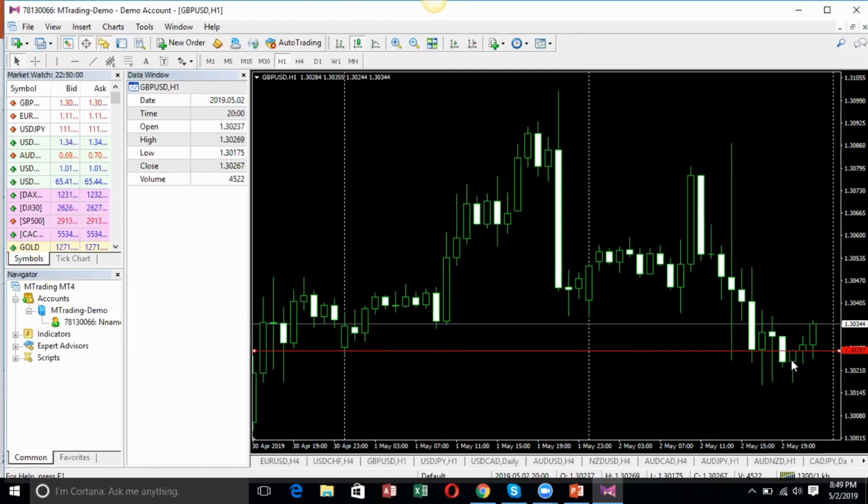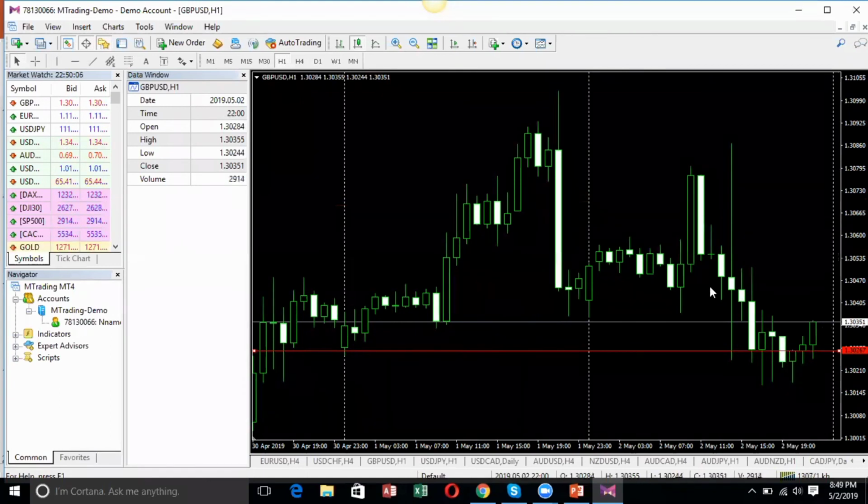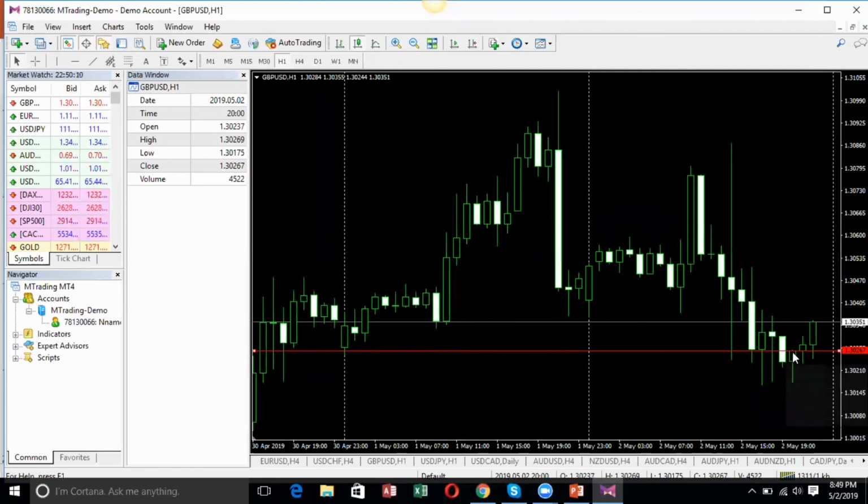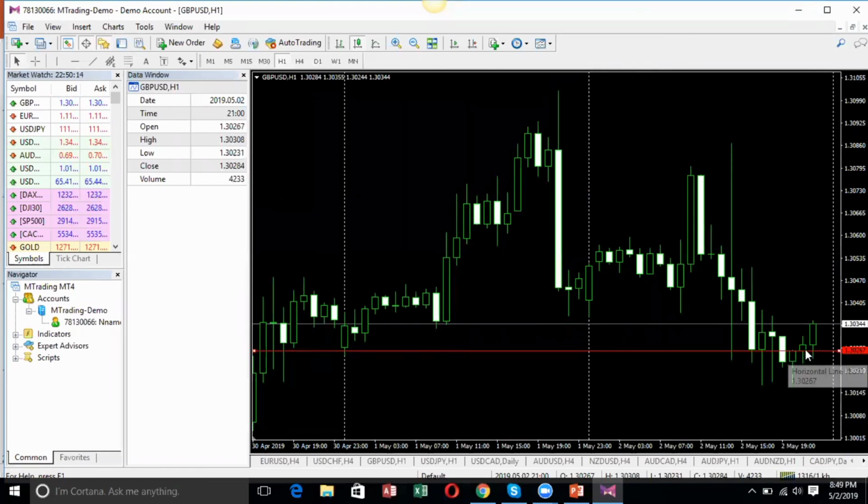Remember, we said that a hammer has power to turn a selling market into a buying market. This market has been selling, and this hammer just appeared on a support. Can you see what is happening now? The market has decided to start buying. This is how you can combine candlestick with support and resistance.